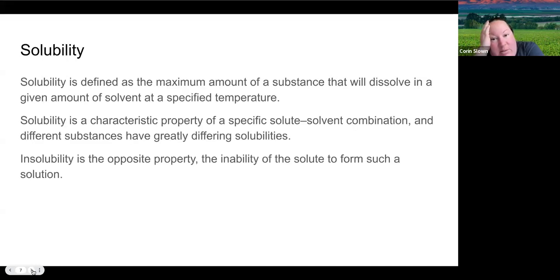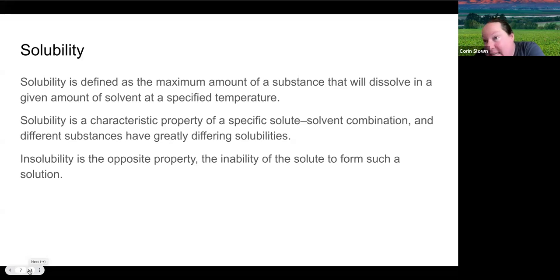So when we think about solubility, it's the maximum amount of something that will dissolve in a given amount of solvent. And we know that it's going to be a characteristic property. So lead is going to have a specific solute solvent combination, and different substances are going to have different solubilities relative to what they're paired with and to the local environment. When we say that something is insoluble, that means that it is not able to go into solution. Now, you'll see in some textbooks they'll use the term slightly soluble.